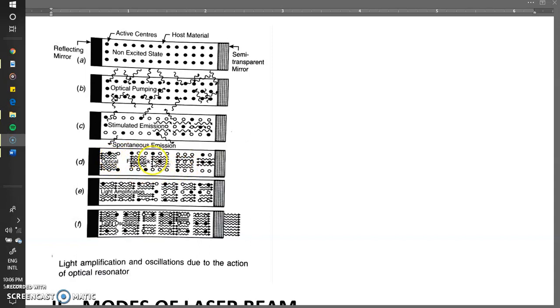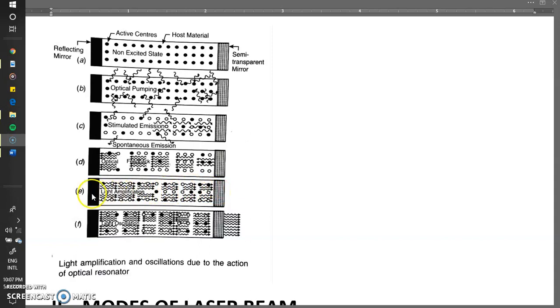Now you can see the second one. The majority of the photons traveling along the axis cause stimulated emission. These photons which are along the optical axis travel towards the partially reflecting mirror and are reflected back.